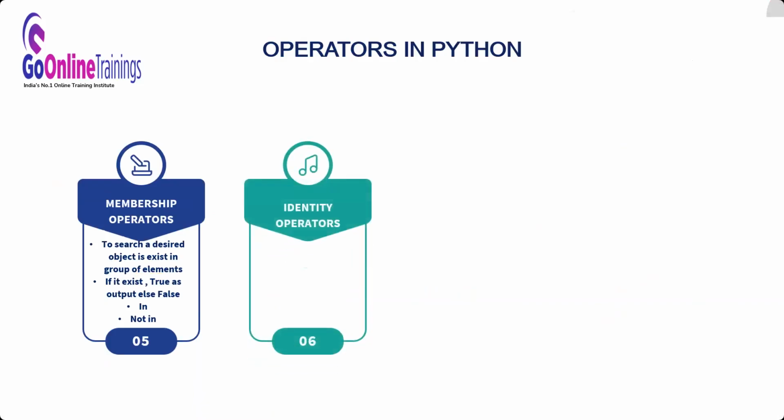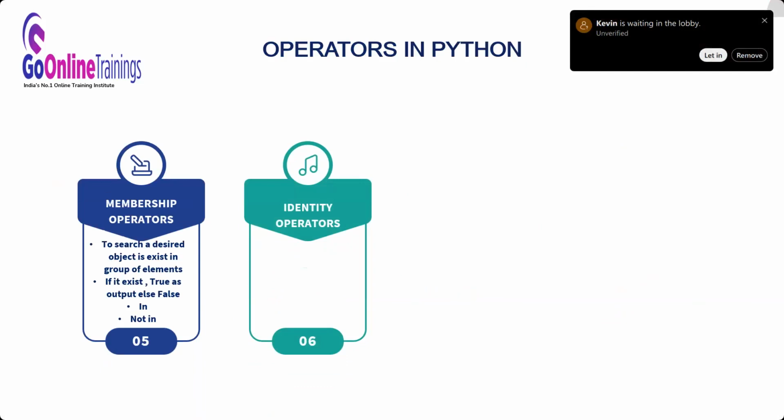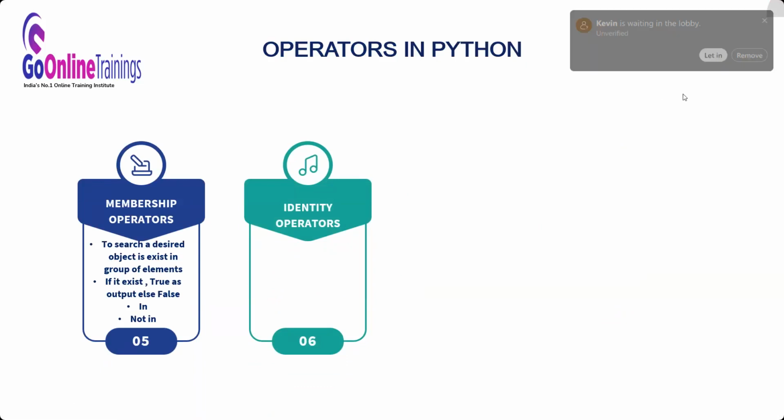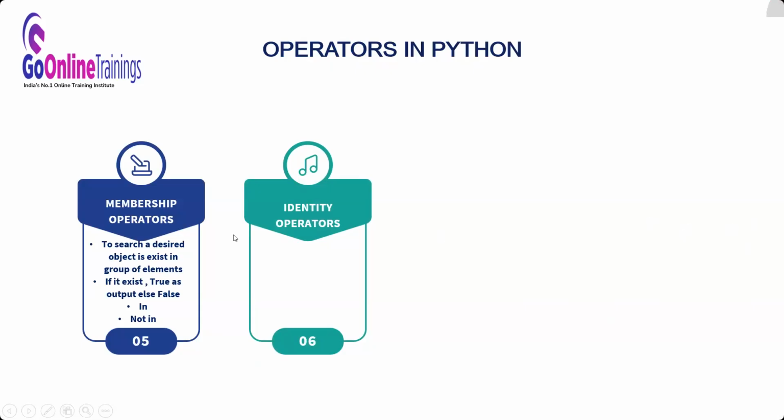And identity operators. If two objects allocated by the system have the same address, then identity operators will identify them and produce output accordingly.